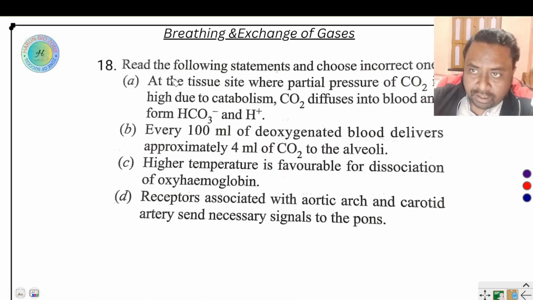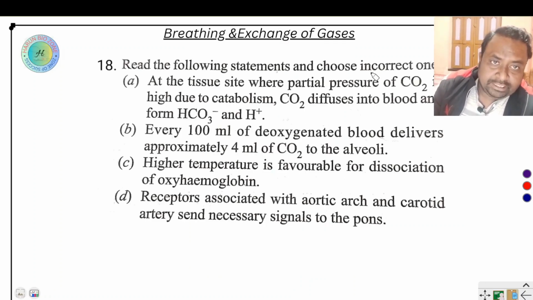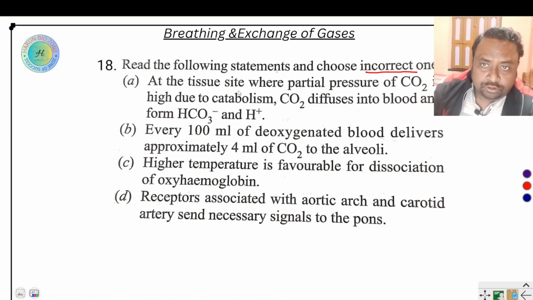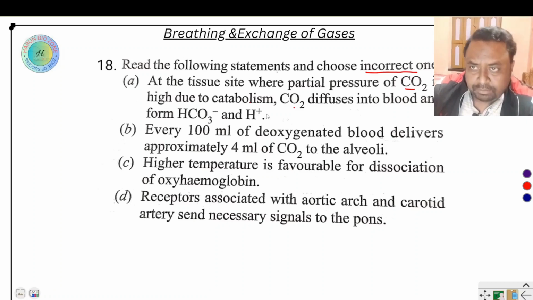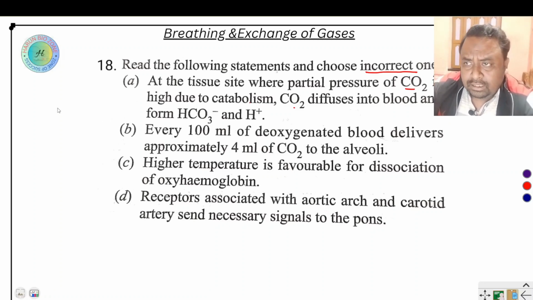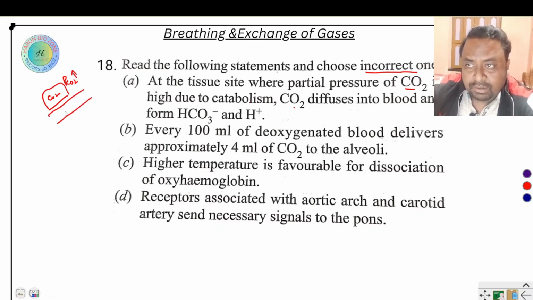Next question, read the following statements and choose the incorrect one. At the tissue site where partial pressure of CO2 is high due to catabolism, CO2 diffuses into blood and forms HCO3 and H plus. Normally, suppose this is tissue. Here respiration occurs and CO2 is produced. So here partial pressure of CO2 is higher than in this blood vessel, where CO2 is low.